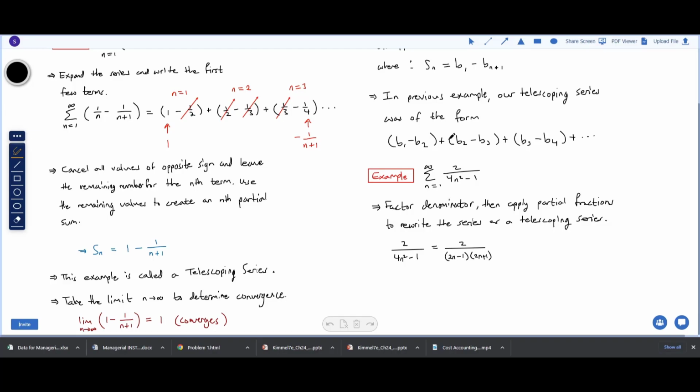And if we apply partial fractions, we can break this up into 1 over 2n minus 1, minus 1 over 2n plus 1.